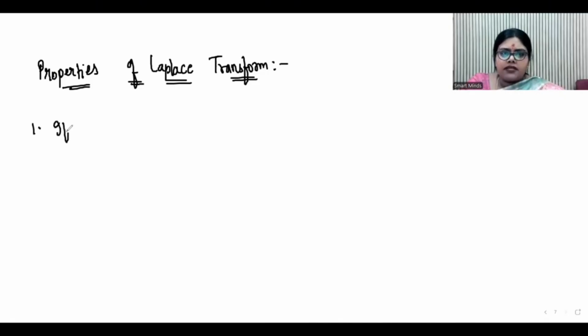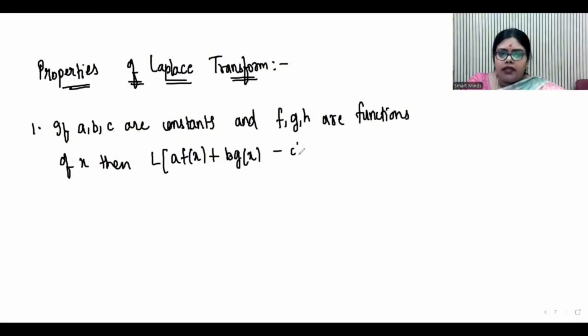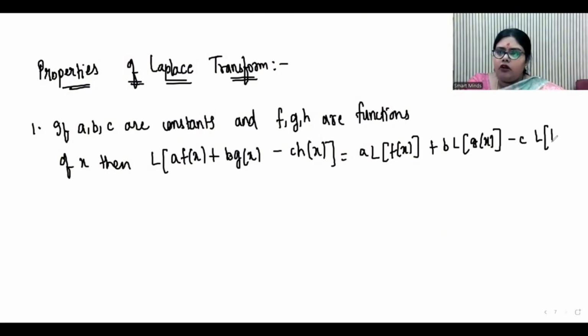So the first property is, if a, b, c are constants and f, g, h are functions of x, then L of (a f of x plus b g of x minus c h of x) is equal to a into L of f of x plus b into L of g of x minus c into L of h of x.